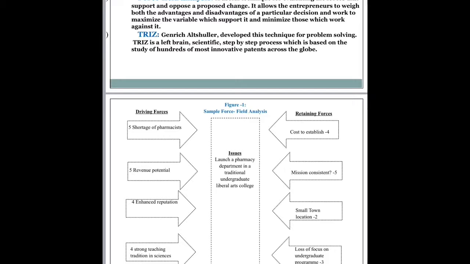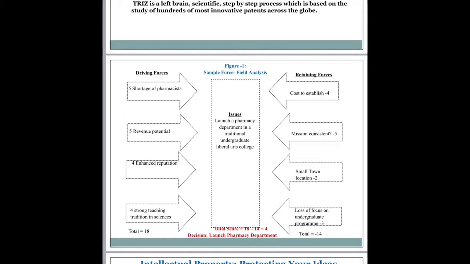Third point is a small town. Since the town in which our college is located is a small town, minus 2 points go in this way. So maybe there are very few people who would come for joining the pharmacy department. The last point, which is against the launching of this pharmacy department, is loss of focus on the undergraduate program.